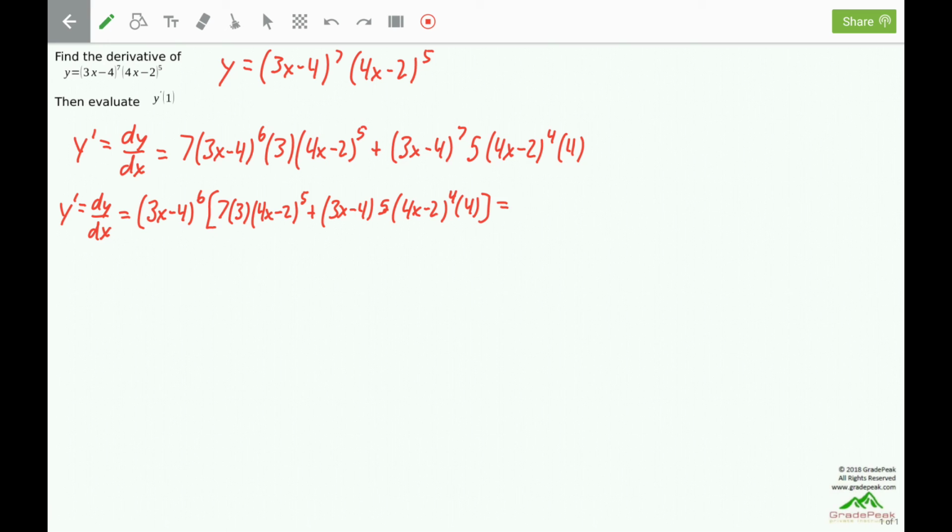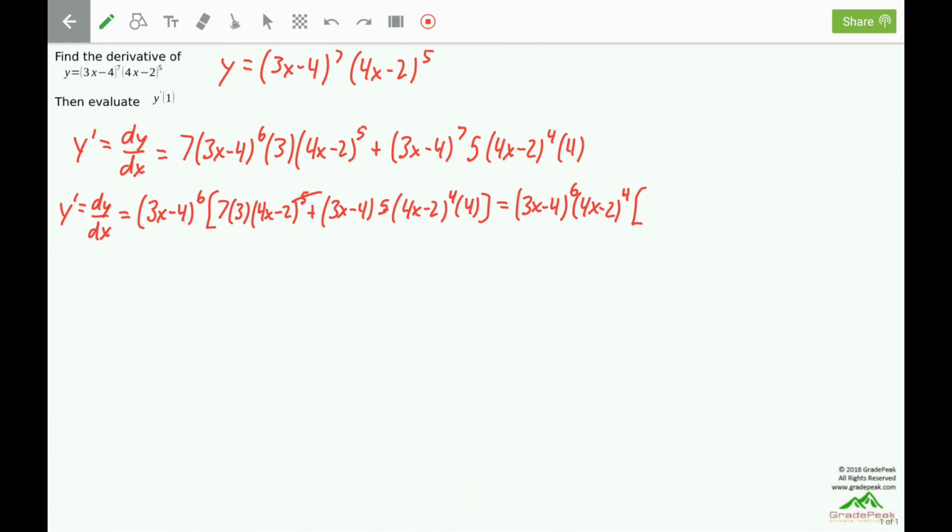Our next step, we can take out the lower power of the 4x minus 2s. We can take out 4 of those. So we will have (3x minus 4) to the 6th, and a (4x minus 2) to the 4th. Now if we remove those from the first one, we'll take out 4 of the 5. That'll leave just 1 of them.